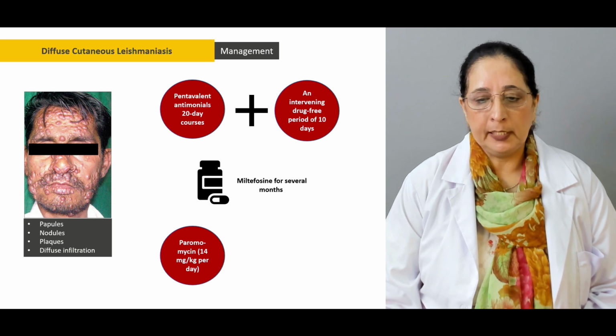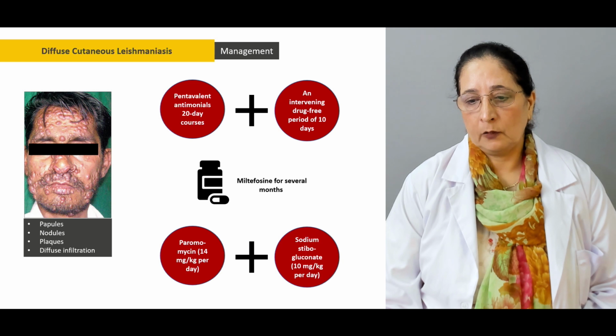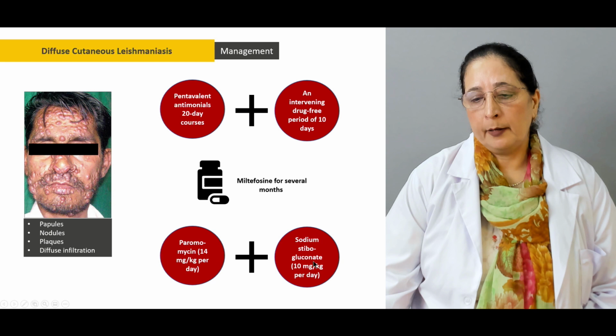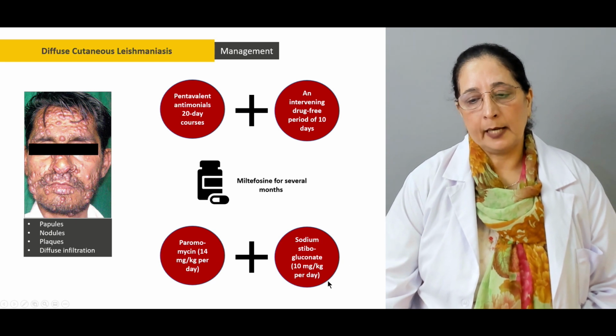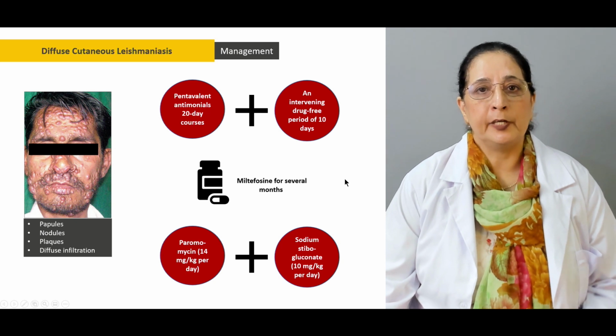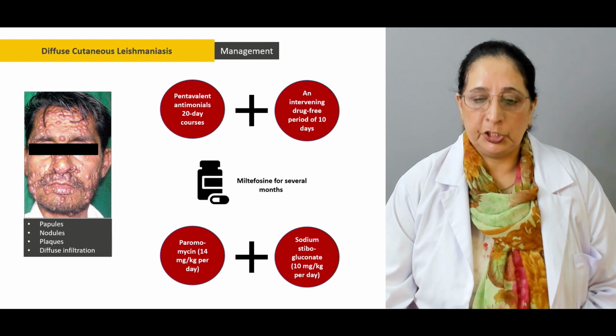Paromomycin 14 milligram per kilogram per day, and we can also use sodium stibogluconate 10 milligram per kilogram per day. So these are all the treatment options for diffuse cutaneous leishmaniasis.